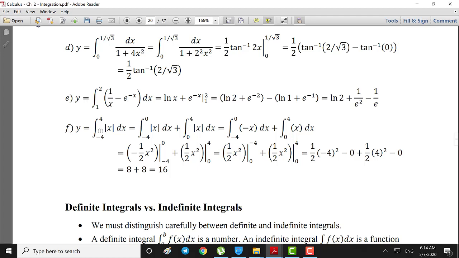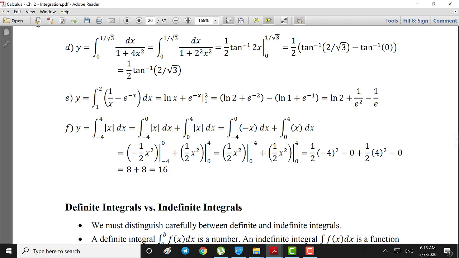So we do that, and we go ahead and write the integration from minus 4 to 4 of absolute value of x dx is equal to the integration from minus 4 to 0 of that plus the integration from 0 to 4 of that.